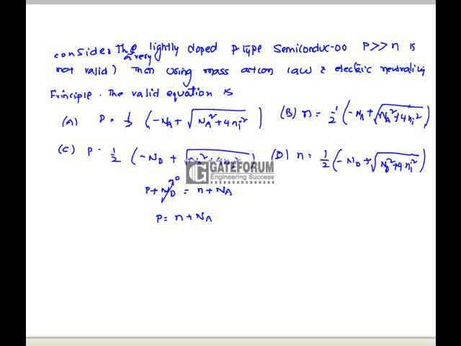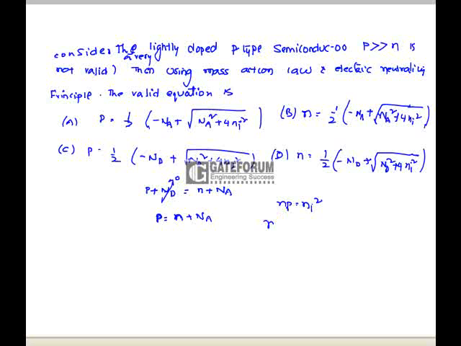Now P is the majority carriers, N is the minority carriers. By using the mass-action law, we have to decide the minority carrier concentration. That means we know that NP is equal to Ni square, the mass-action law. Here P is the majority. We have to calculate minority carrier concentration by using the mass-action law.